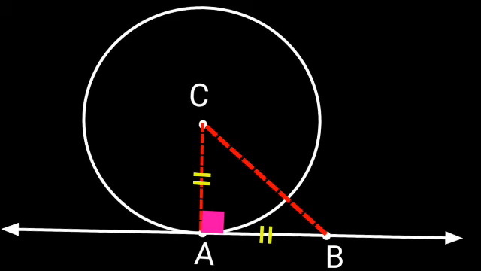We are given AC is 6 and AB is also 6. That is, segment AC is congruent to segment AB. If two sides are equal, then their opposite angles are also equal. Hence, the sum of the three angles, 90 plus angle C plus angle B, is equal to 180.